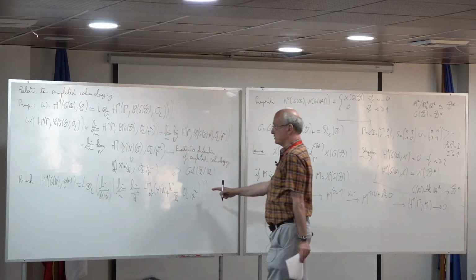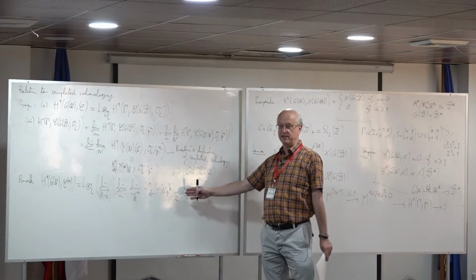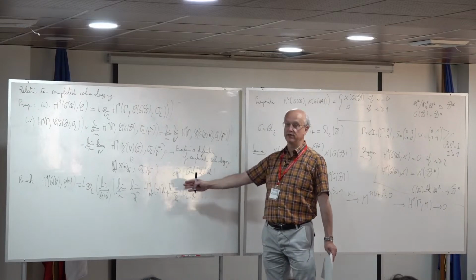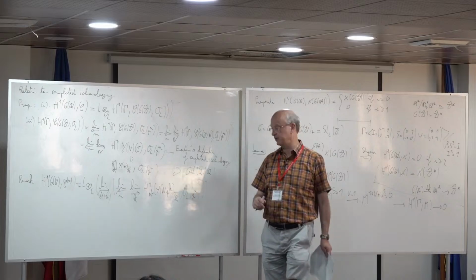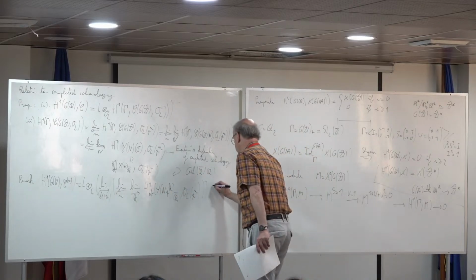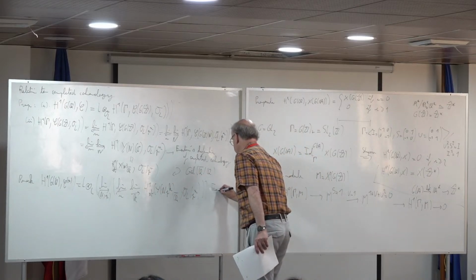And this is usually the space that people consider. It's only completed in the tower, in the P tower, and not completed outside P. Okay, so that's what I call Emerton's semi-completed cohomology.